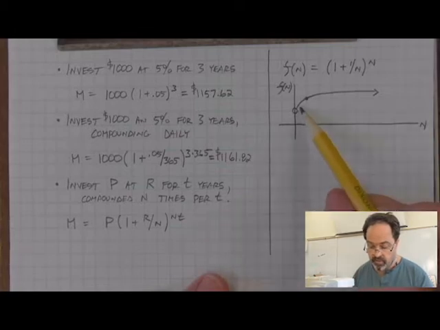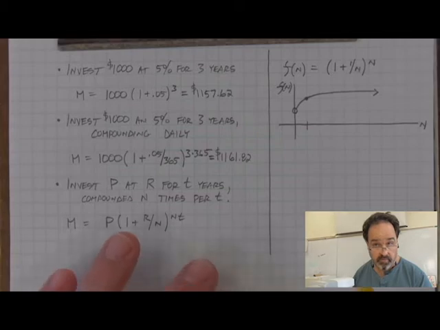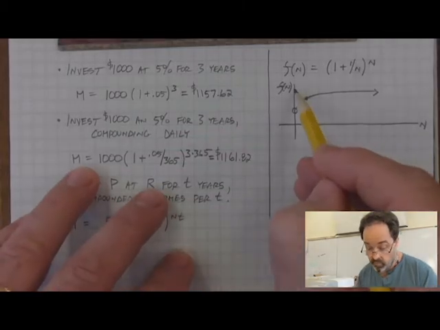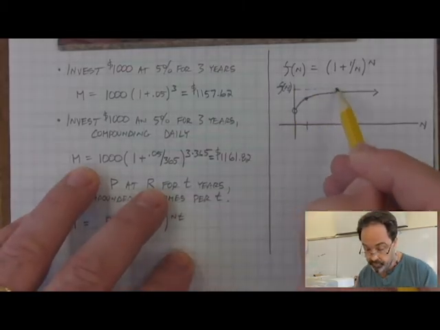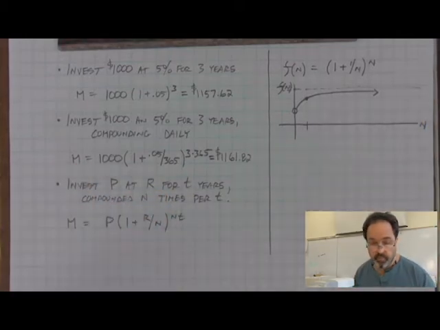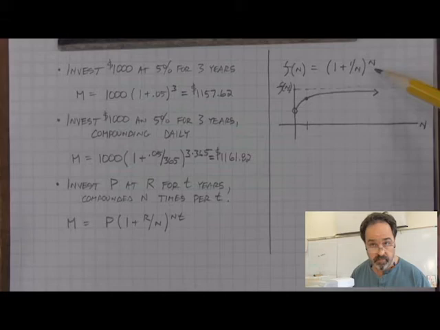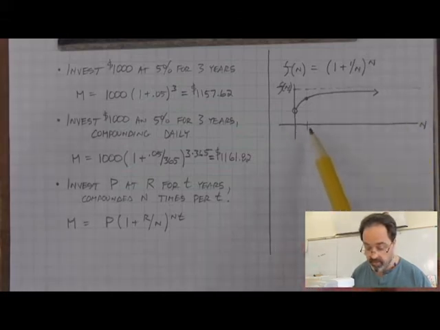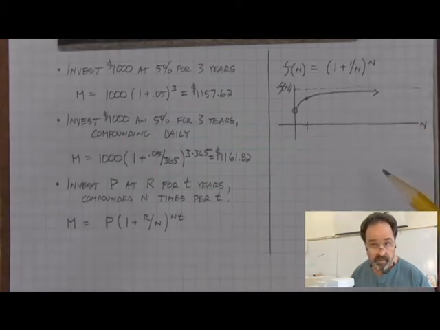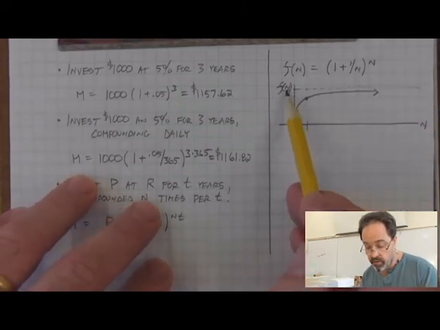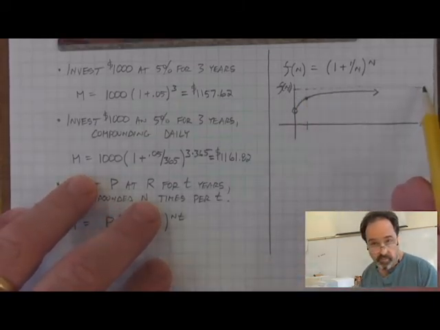We can see that the values of this function level off. There is a horizontal line that represents a horizontal asymptote, meaning that as n gets larger and larger and larger, the values of this expression grow, but they never reach or surpass the value of this horizontal asymptote.